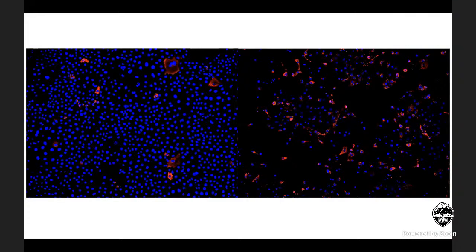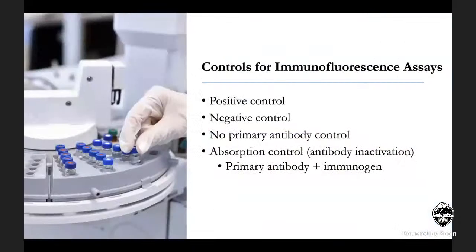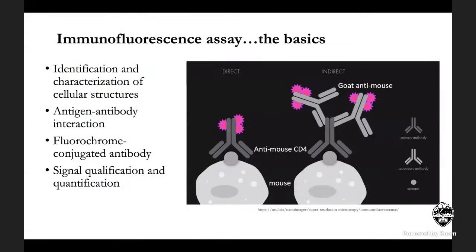You have mentioned the difference between the direct and indirect method, and you said that it's mainly about cost, not specificity. Is that the only reason when you're choosing between these two methods?